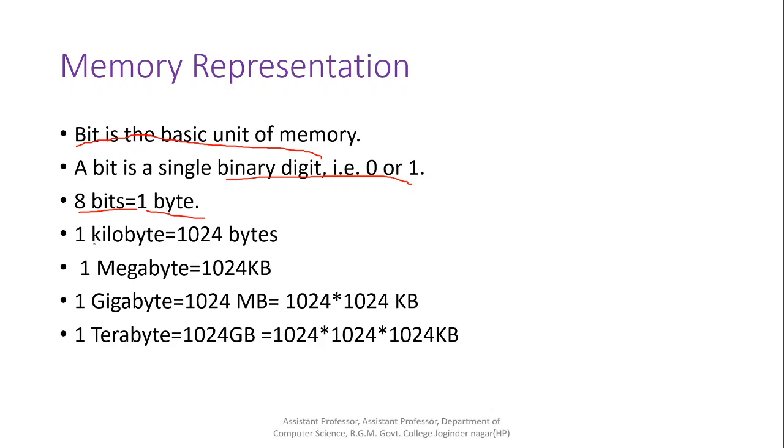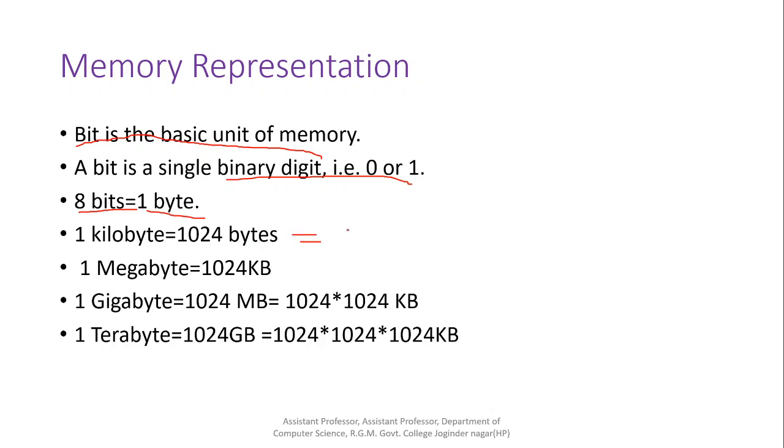Going further, 1 kilobyte is 1024 bytes. Kilo means 1000, but in the case of computer memory it is exactly equal to 1024 bytes, and 1 byte is equal to 8 bits. If we want to convert this 1 kilobyte into bits, how will we do this?